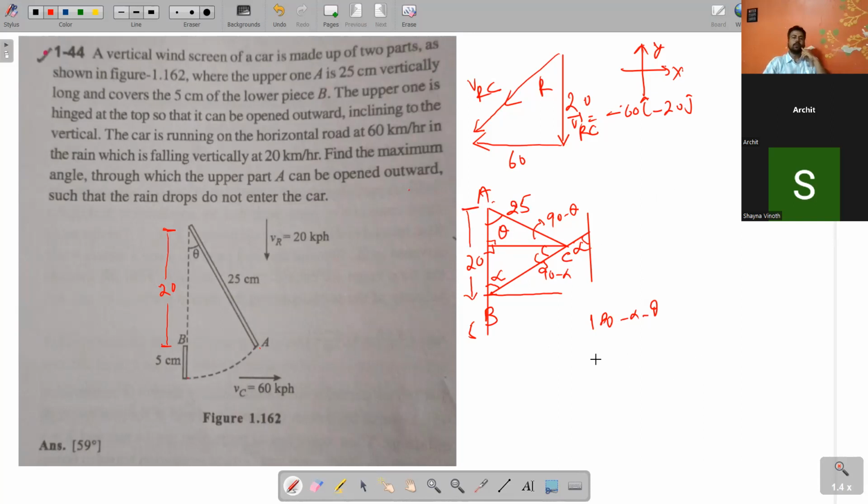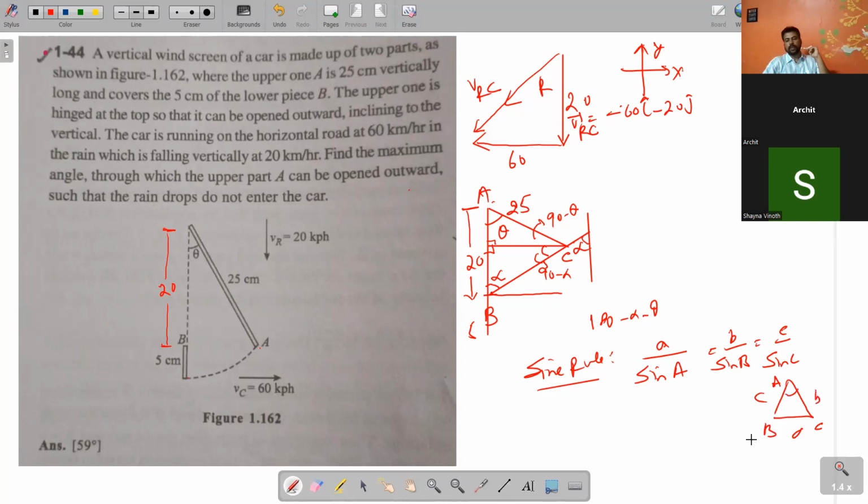The sine rule says that A upon sine A equals B upon sine B equals C upon sine C, in this triangle A, B, C.